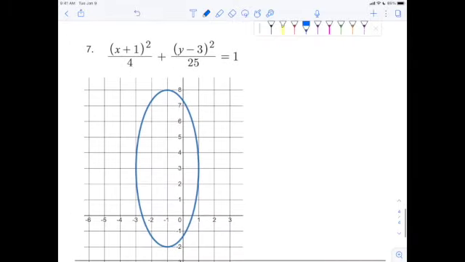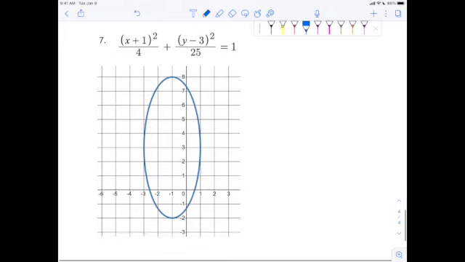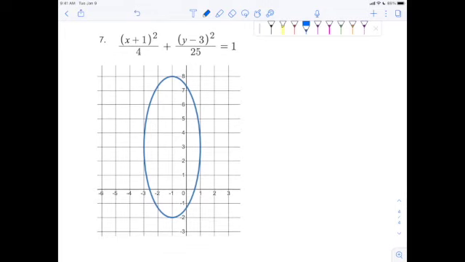And here's one more, a classic conic section. In this case, an ellipse, and it's a vertical ellipse because the bigger denominator is under the y quantity. The center of it, as you can see from the graph, just for a little review, is at -1, 3, and that could be seen by looking at these values, right?